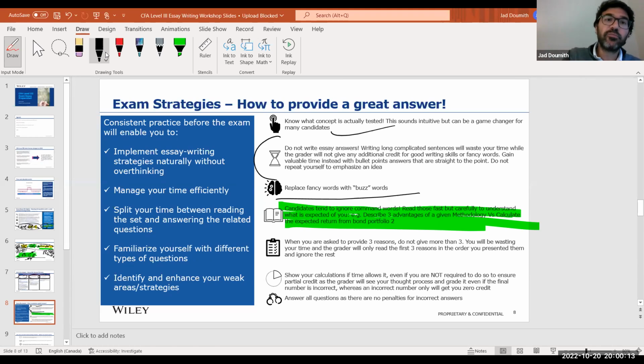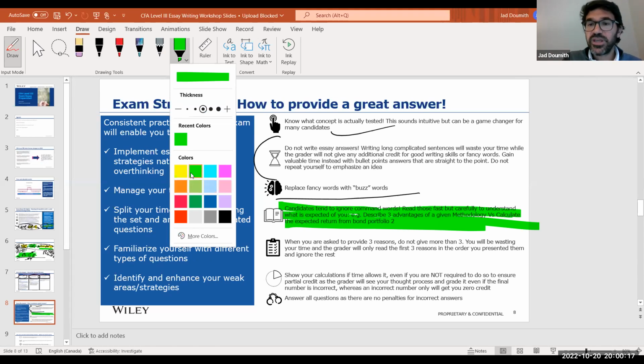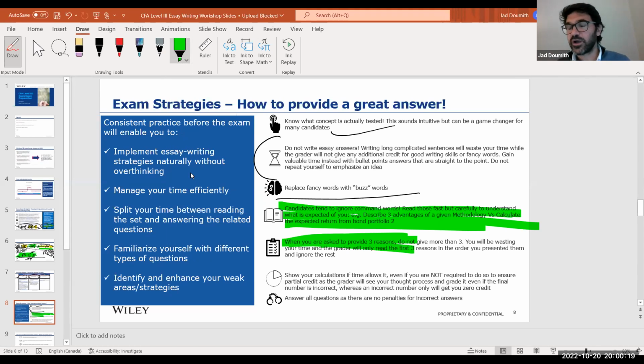Of course, on the more basic part, whenever they say we need 3 reasons, just don't waste time giving more than 3 reasons, because they will only read the 3 reasons. All right? Show your calculations only if time allows it, because as I said, this will allow to show that you have mastered the concept, and they might or they will give you partial credit, even if the final answer is incorrect.